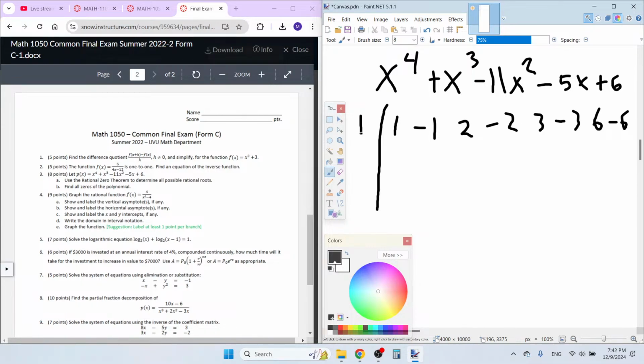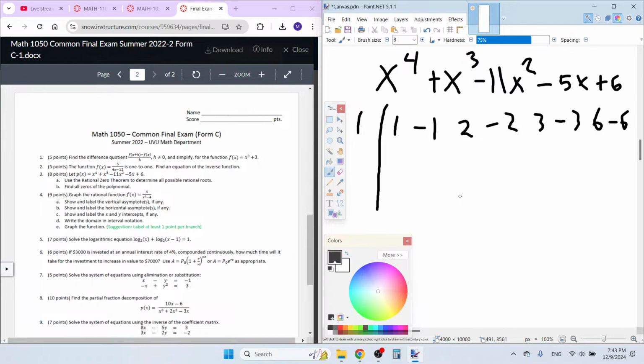And when we've done that, these will be our potential roots. Fortunately for us, we only have the one row, because 1 is the only positive factor of 1. So these are the numbers we have to check.